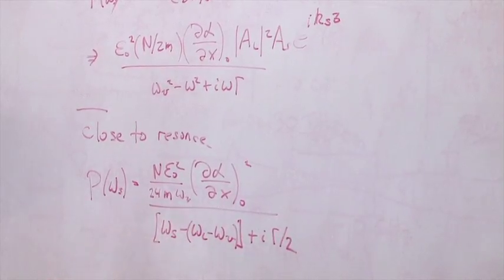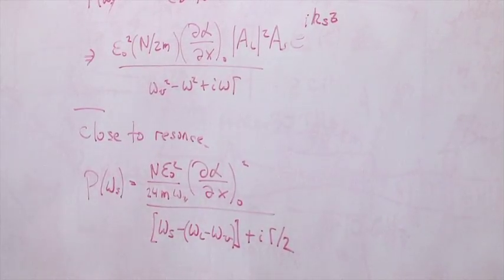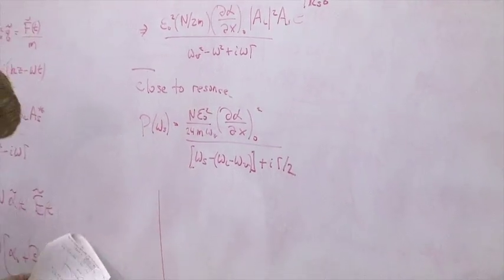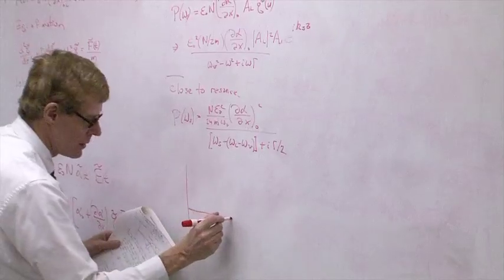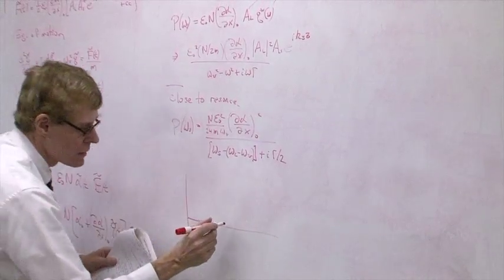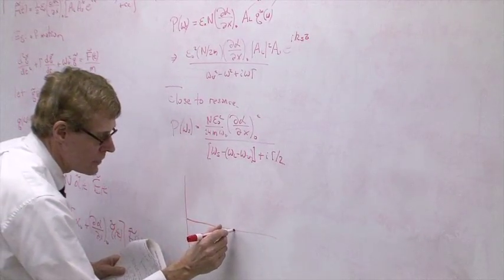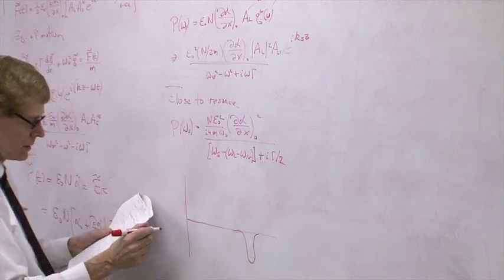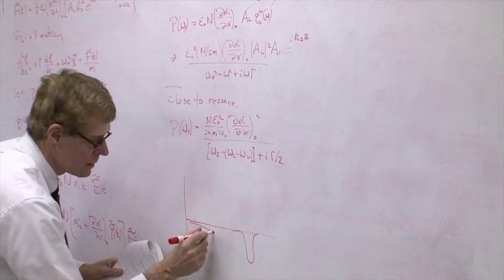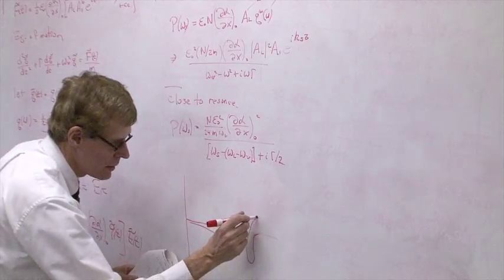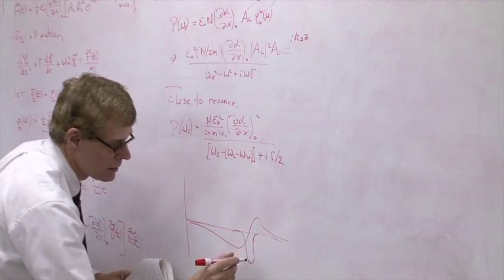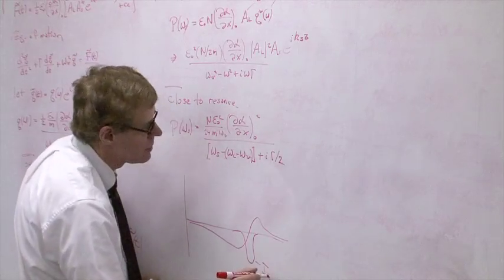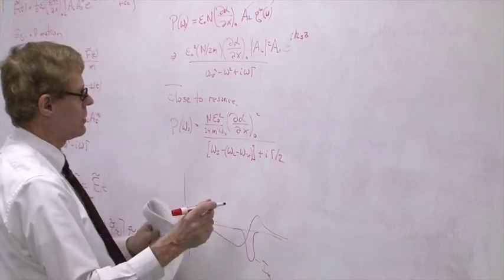So you can now break this into its real and imaginary parts, and you find a plot that looks something like this. So the imaginary part is now negative going, and then the real part looks something like this. So this is the imaginary part.